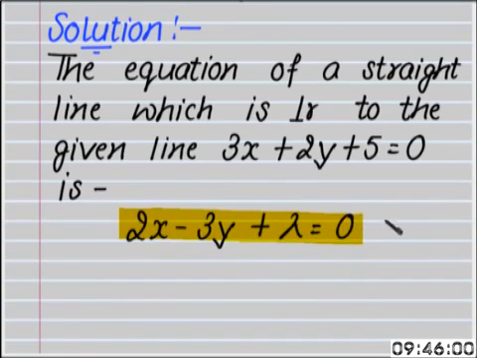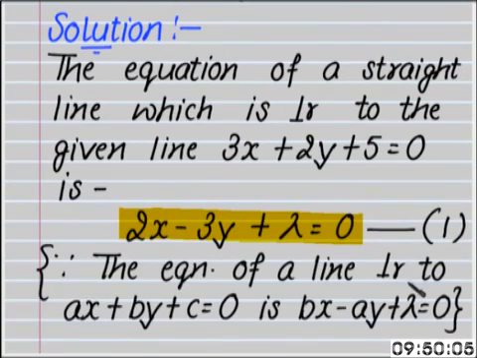Let it be equation number 1, because we know that the equation of a line perpendicular to the line with equation ax plus by plus c equal to 0 is bx minus ay plus lambda equal to 0.